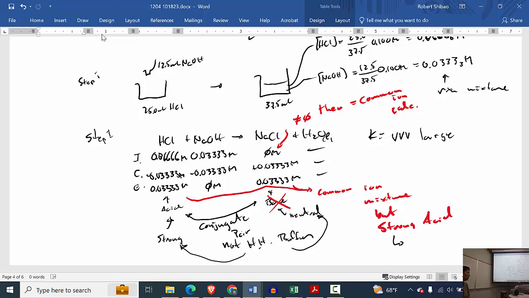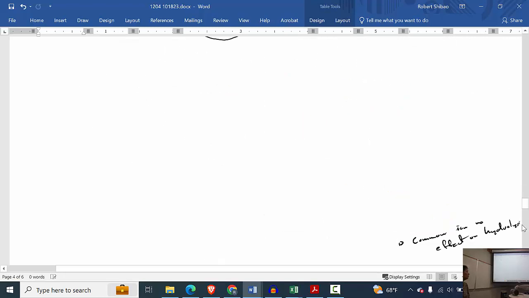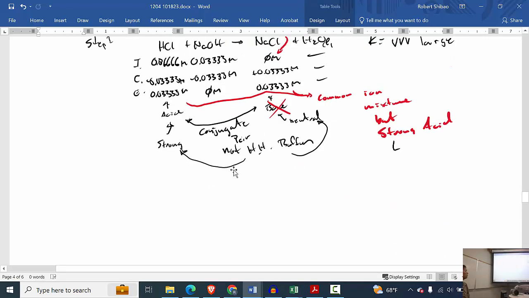And so when we have a strong acid, the common ion has no effect on hydrolysis.